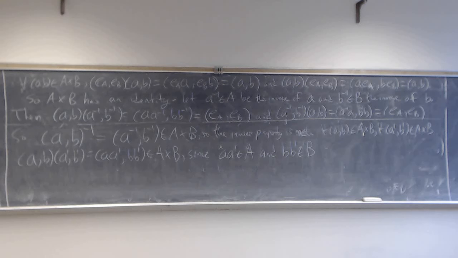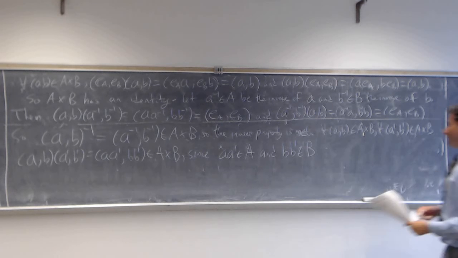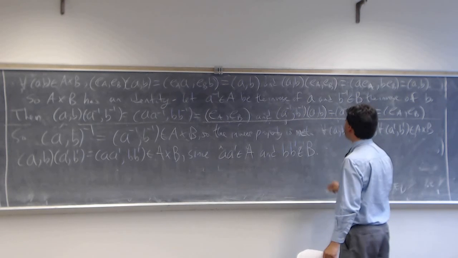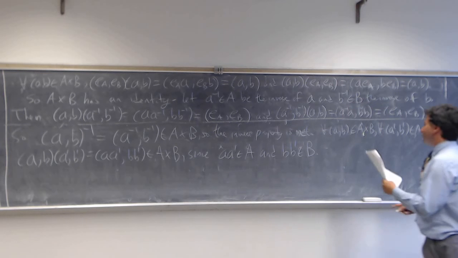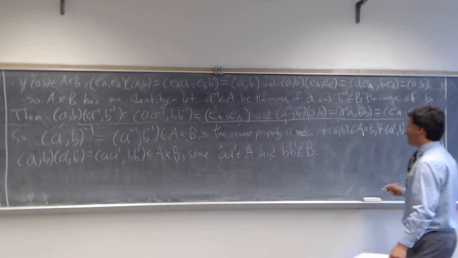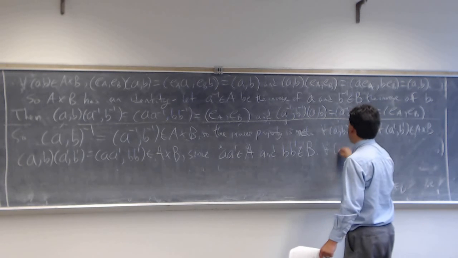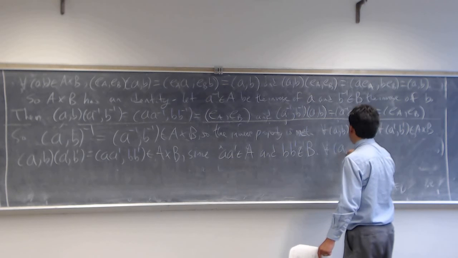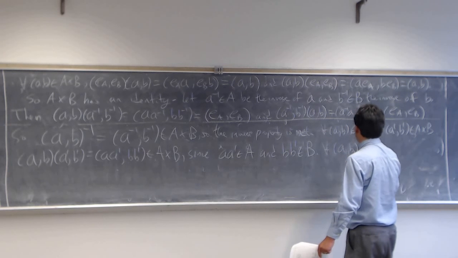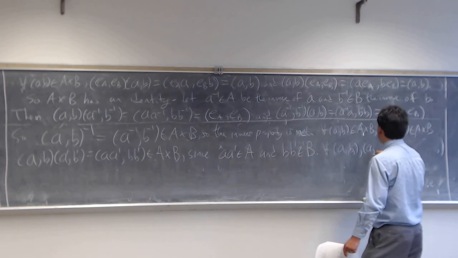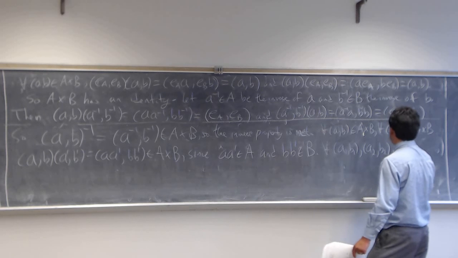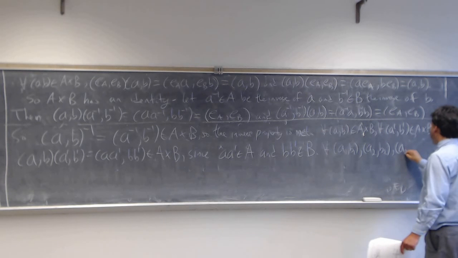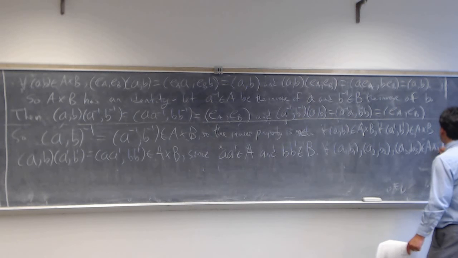So how about associativity? Maybe I'll just use some numbers as subscripts. So let's have for all (a1, b1), (a2, b2), (a3, b3) that are in this product.